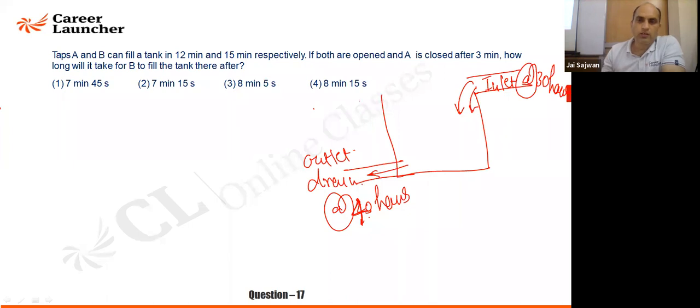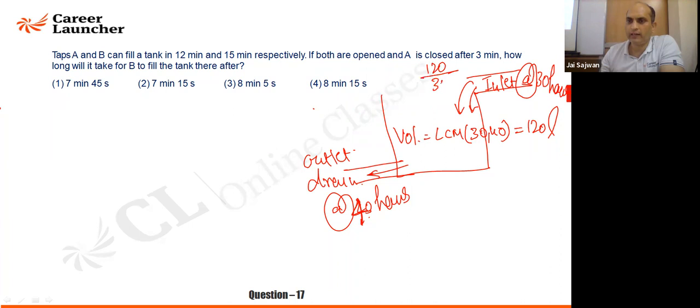Say I take a number which is a multiple of 30 and 40. I'll say the volume of the tank is 120 liters. So the inlet pipe is pouring in 120 liters in 30 hours. Can I say it is pouring in 4 liters per hour?